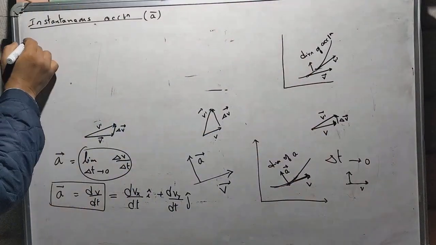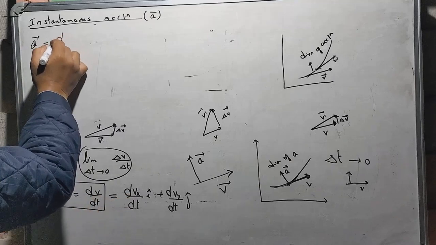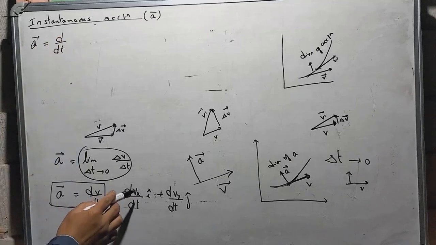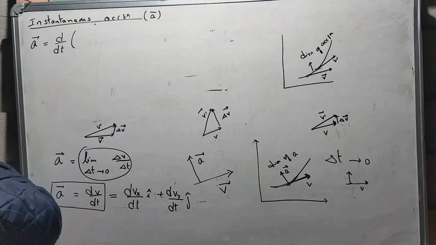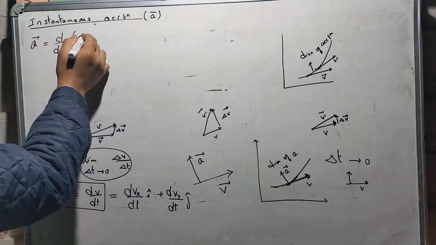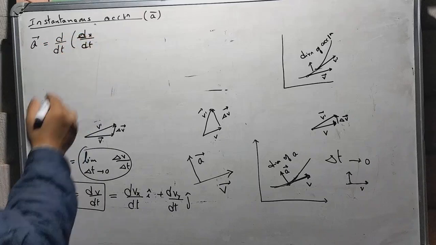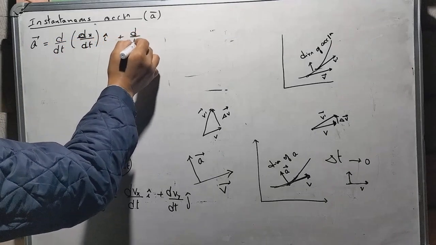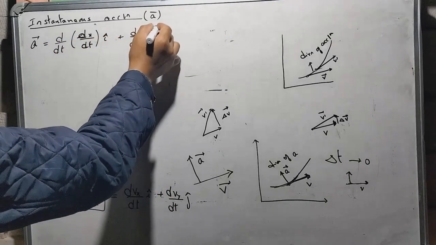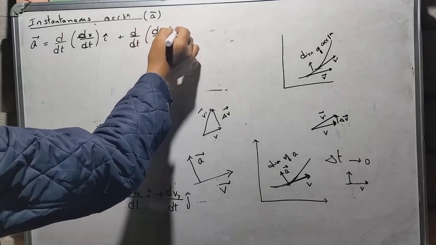I can say a arrow is equal to d/dt of vx, because we have seen before that vx is equal to dx upon dt, times i cap, plus d/dt of vy, which is dy upon dt, times j cap.